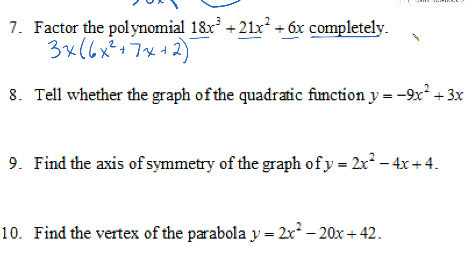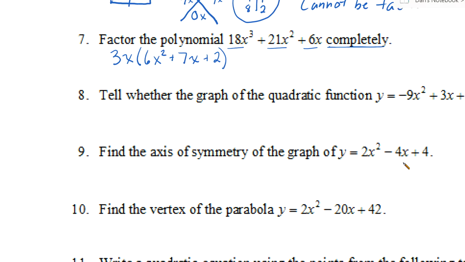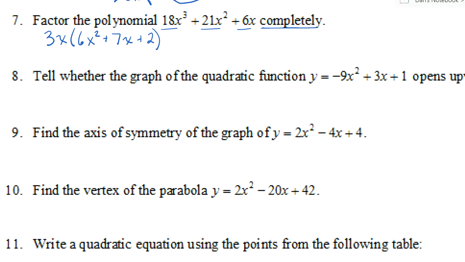So we're taking out that 3x. I'm going to come over here because we have to write an area model now for what's left. So area model, 6x squared and a 2. That multiplies to 12x squared. Oops, my fault. Have to add to 7x, which would be a 4x times a 3x.